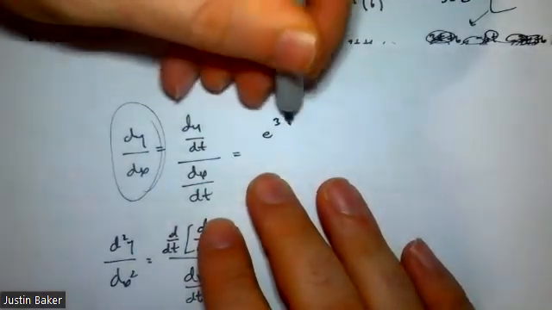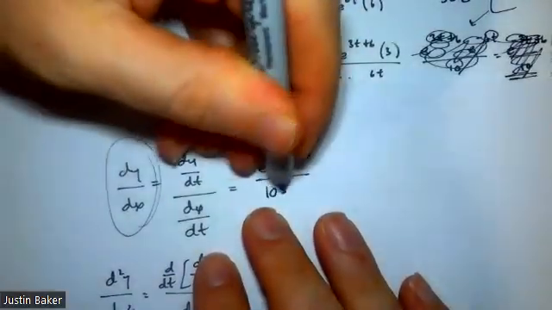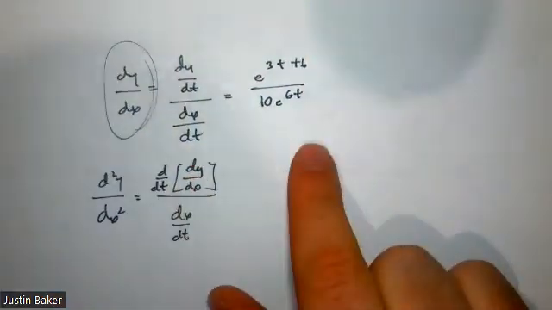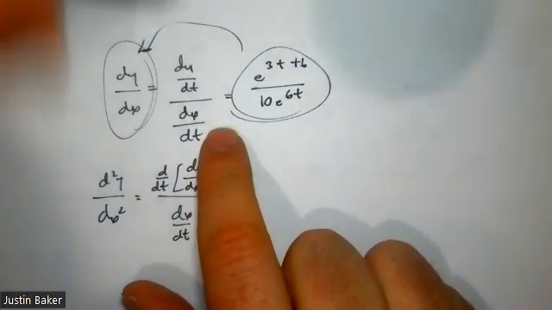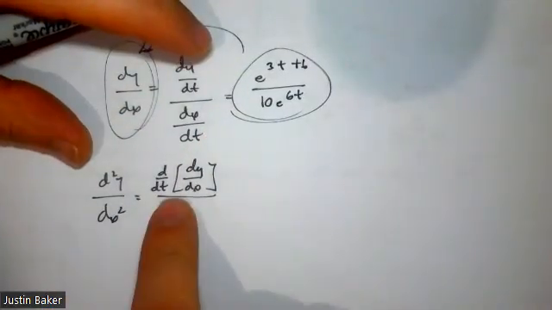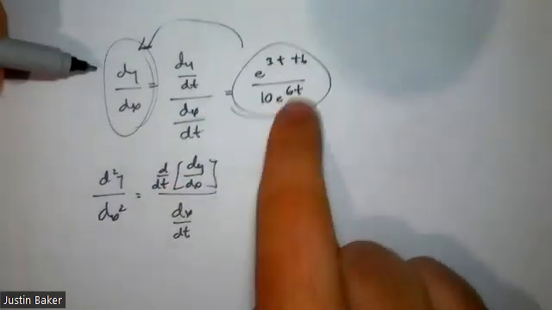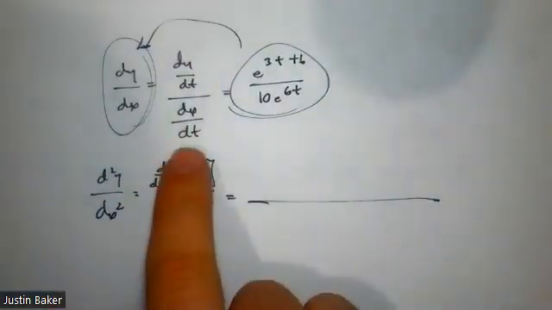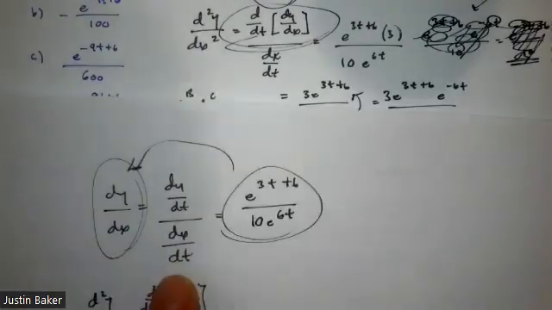e to the 3t plus 6 over 10e to the 6t, right? That is dy/dx. The second derivative says to take the derivative of dy/dx and put that over dx/dt. dx/dt is your 10e to the 6t.